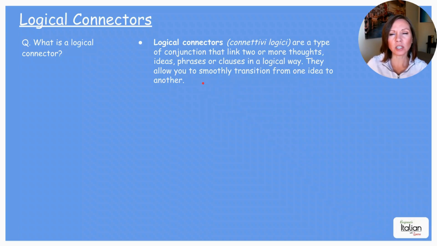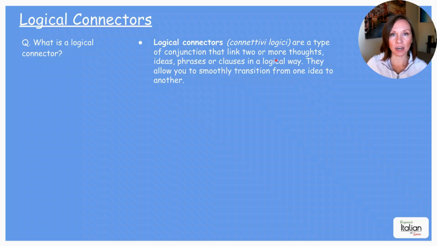There's really not a big difference between conjunctions and logical connectors. I separated them because I wanted you to learn the basic conjunctions that we just went over, which are very simple, basic little words that you can use all the time.